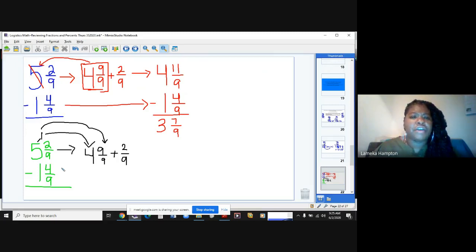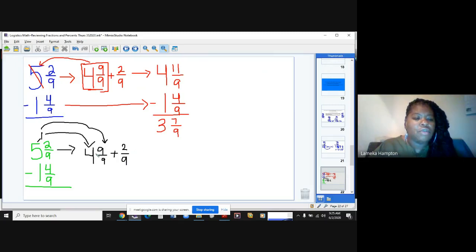So I'm going to err on the side of caution to tell you no. You will always borrow from the top fraction simply because your top fraction should be your largest fraction. And this is only for subtraction. If this was addition, it would be no issues, no problem. Okay? So please just keep that in mind.